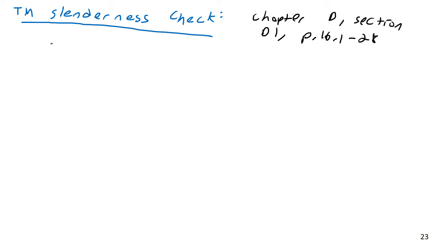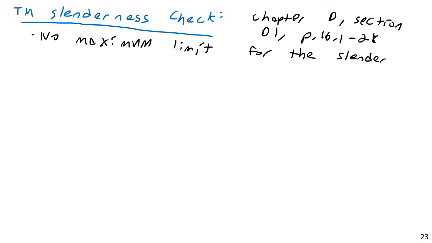There is no maximum limit for the slenderness of tension members. So you can make them as slender as you want. This is not actually a code requirement, so I have to be careful with my language.